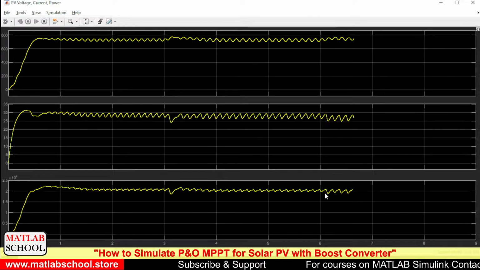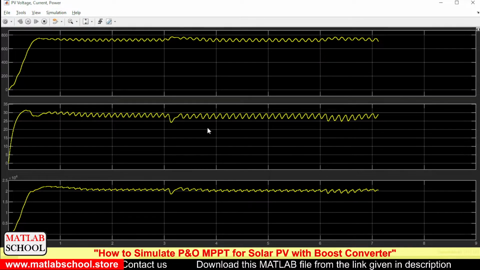From 3 to 6, it will be 100 ohms. And from 6 to 9, the load resistance will be 150 ohms. As you can see here, when we increase the load, the current decreases. To compensate that, the voltage will be raised by the P&O algorithm, so that we will be getting the maximum power continuously from the PV panel. So this is the advantage of using the MPPT technique in a PV panel.